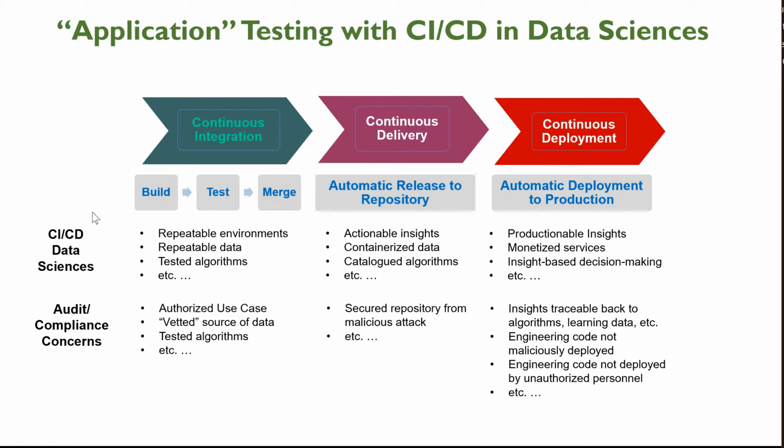And from the CI/CD perspective, I have highlighted here the key components: integration, delivery, and deployment. Within integration, you have build, test, and merge. Delivery is the auto release to the code repository, and deployment is auto deployment to production.